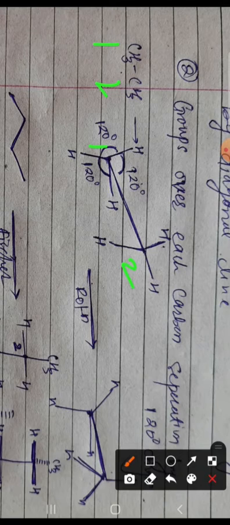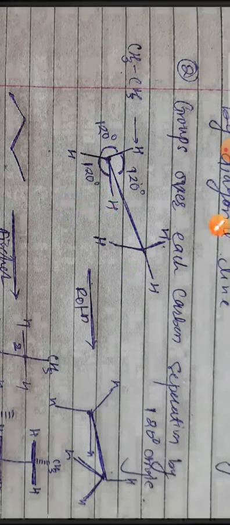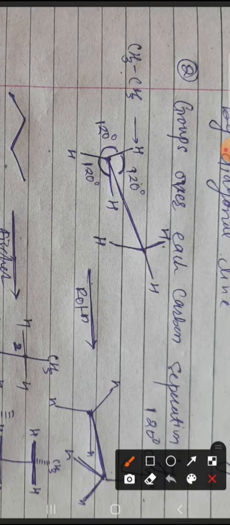Over the first carbon there are three hydrogens, and these three hydrogens are represented like this, at an angle of 120 degrees. Okay, simply we can draw the Sawhorse projection of ethane like this.